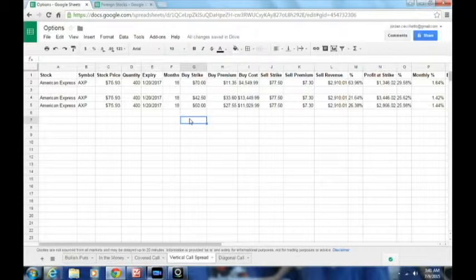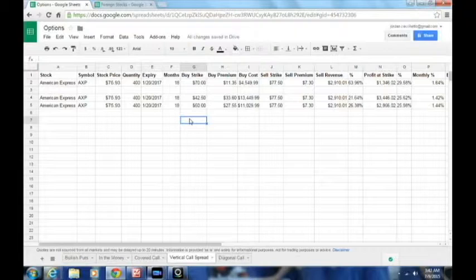I actually started doing diagonal calls before I knew much about this strategy. I didn't even know what it was called. I just realized that near-term calls have a quickly deteriorating time value, and I wanted to capitalize on that and keep collecting monthly premiums as opposed to one premium in the future.